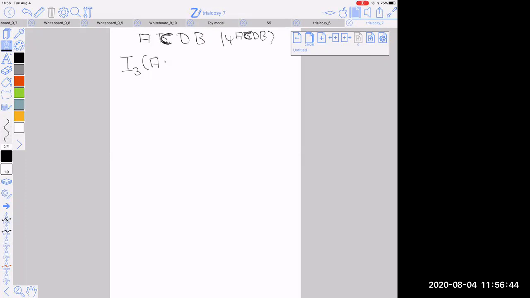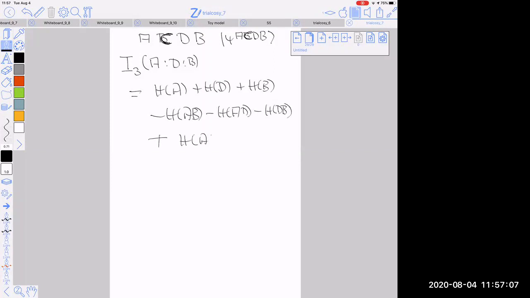And then the information ADB here is H of A plus H of D plus H of B minus H of AB minus H of AD minus H of DB plus H of ADB.